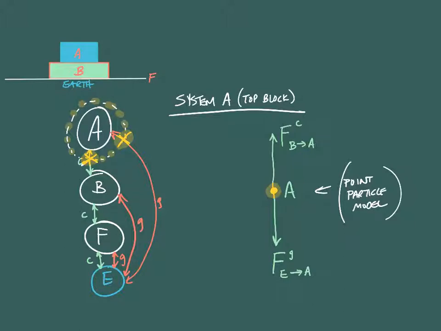So the point here about these system schemas is they help the student keep track of what's going on in the problem. And you might have noticed in physics, it's easy to lose track of what's going on in the problem. All right, there's a lot of details to decode and to account for and do math on, et cetera, et cetera.